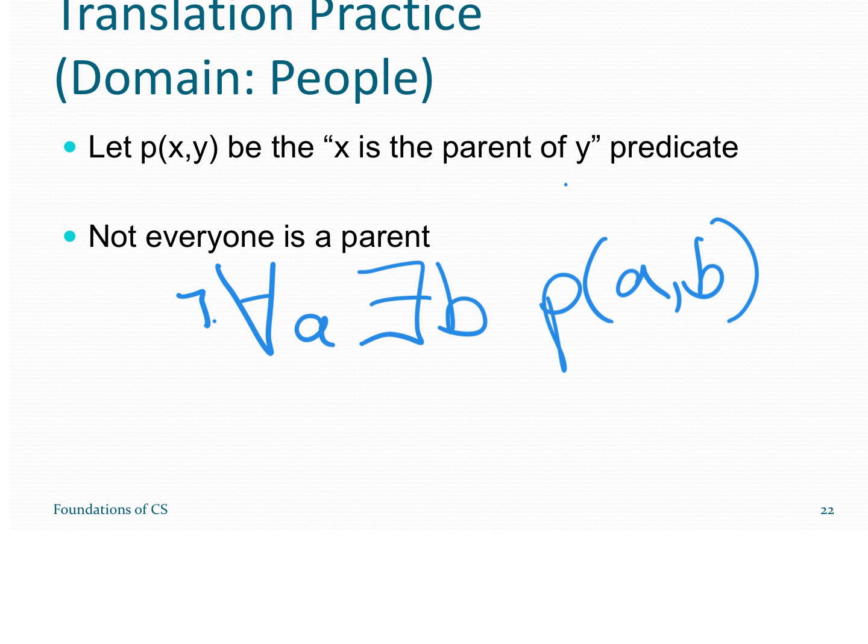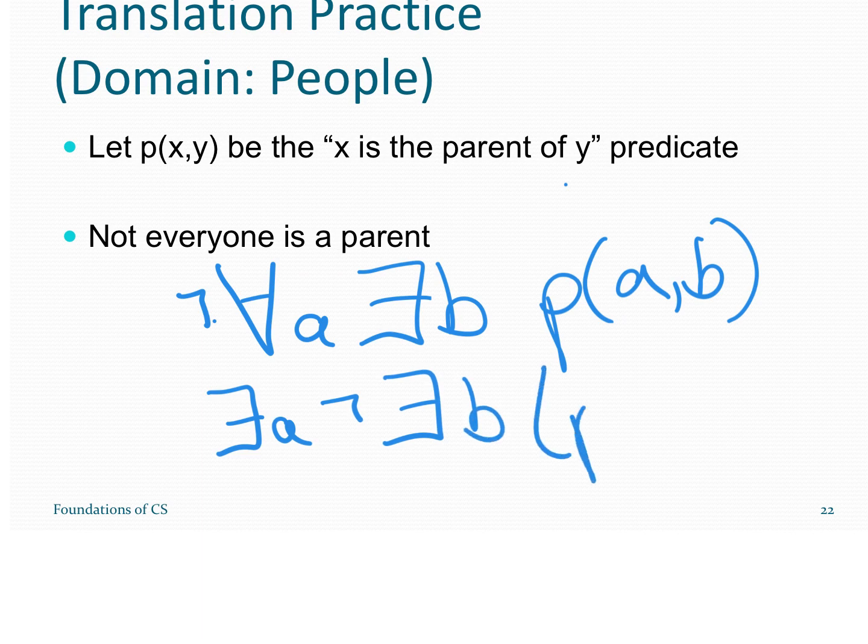So now we're saying there exists an A for which there does not exist a B such that parent A, comma, B. This says that there is some A, somebody in my domain, for whom there is no B that they are the parent of.